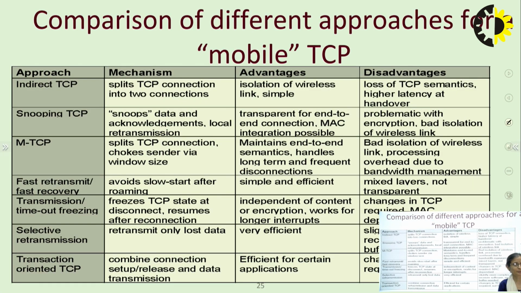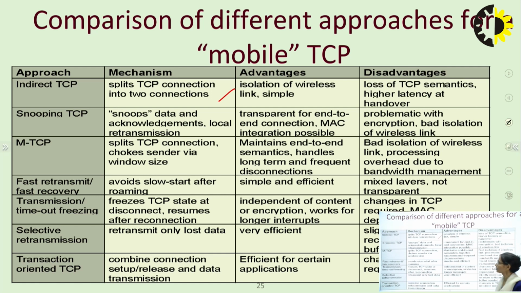Now this table shows the comparison of different approaches for mobile TCP. In the case of indirect TCP, the mechanism, as we have seen, splits the TCP connection into 2 connections. The advantages are isolation of the wireless link and simplicity, but the disadvantages are loss of TCP semantics and higher latency at handover.